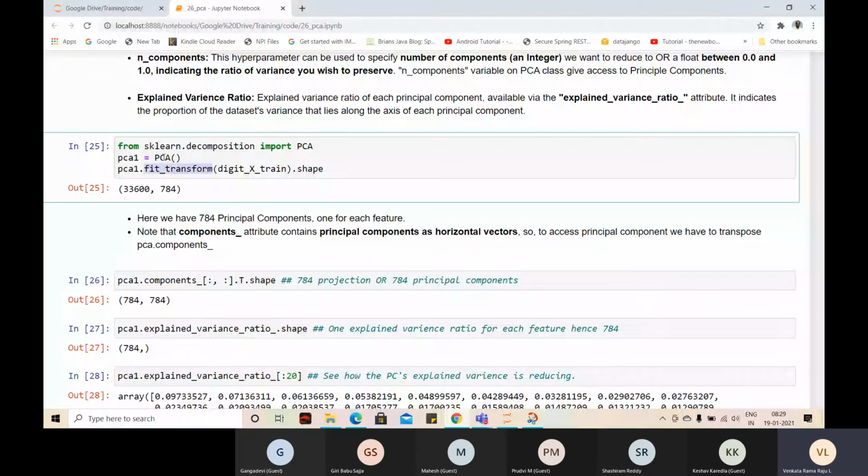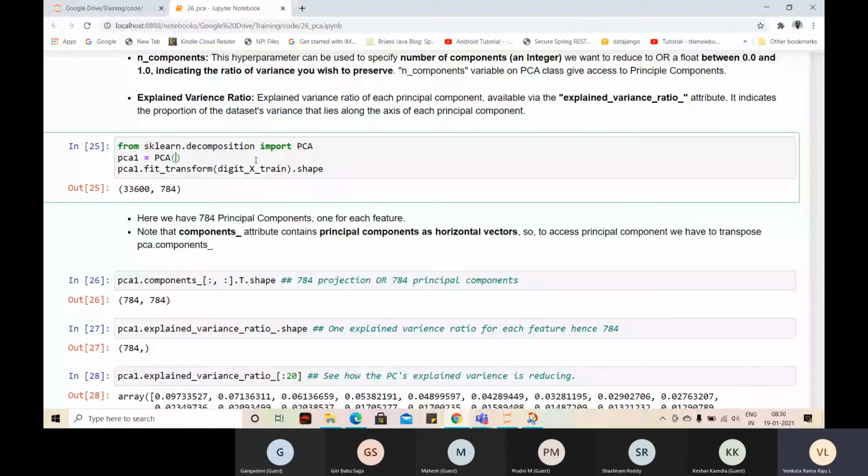Because I did not specify n_components here. Did you get this point? If I specified n_components equal to 10, it would have got only 10 columns, 33,600 rows and 10 columns. I did not specify anything, so it took the whole data and all the principal components and multiplied.